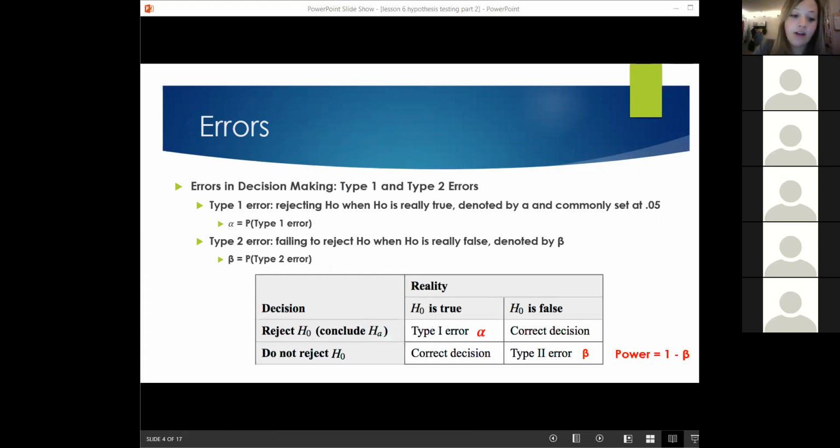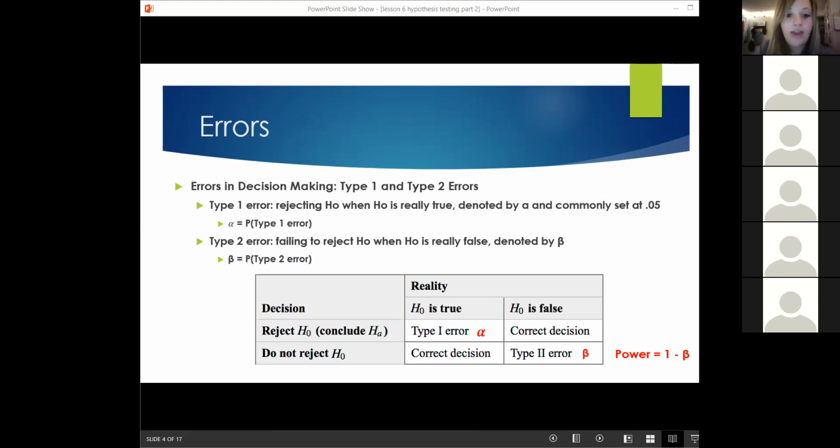That's the same thing as I was showing you, like the rejection region. It's the same idea there. Our alpha level is going to be the probability of making a type 1 error, because if you remember that alpha level of 5%, we use that for our 95% confidence intervals often.